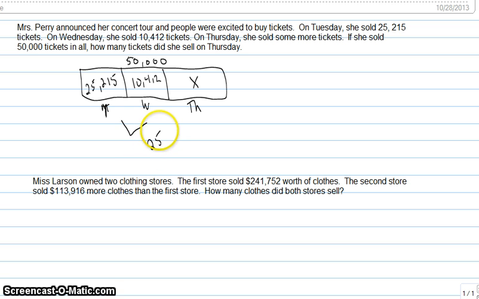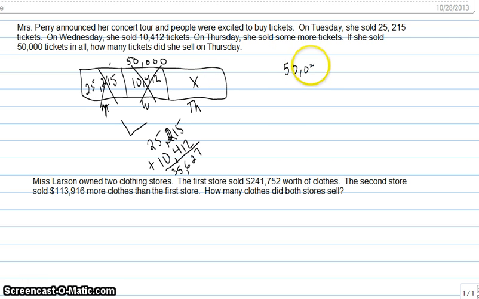So 25,215 plus 10,412 is 35,627. I need to take that amount away because basically I'm getting rid of both of these parts to see how much is left over.